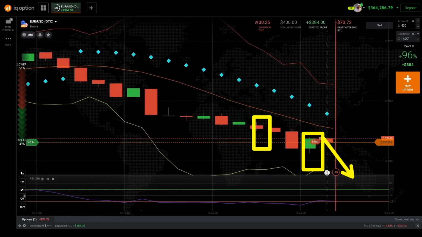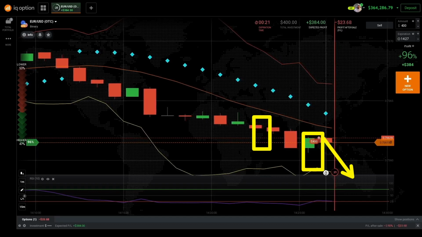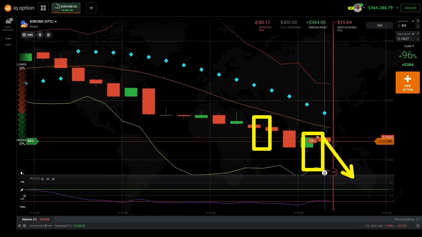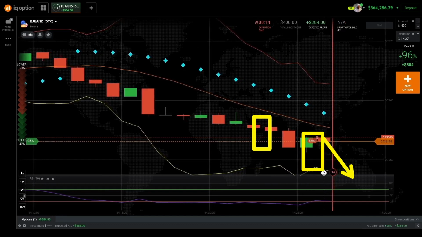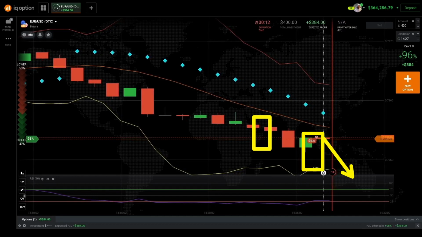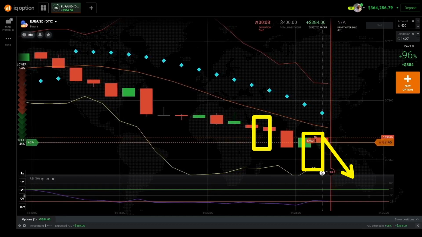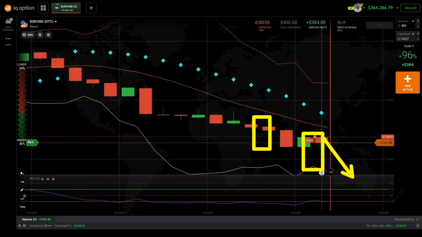This is sure. With this, you can make profit. Once you learn the strategy, you will understand why I'm saying this. There's nothing magical about it. It's simple, basic.